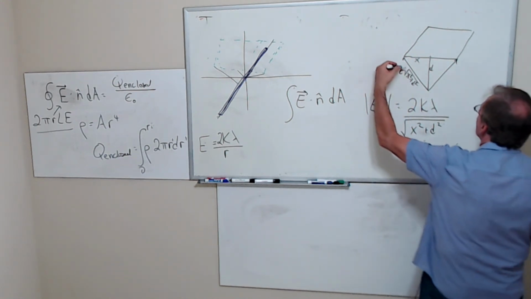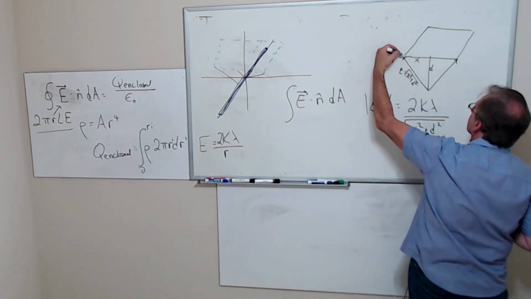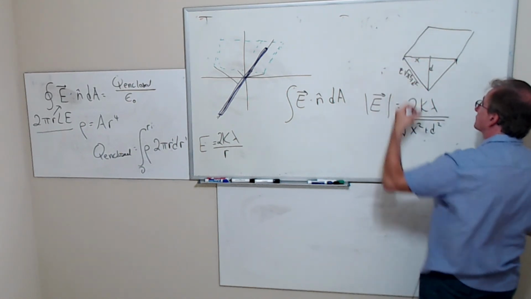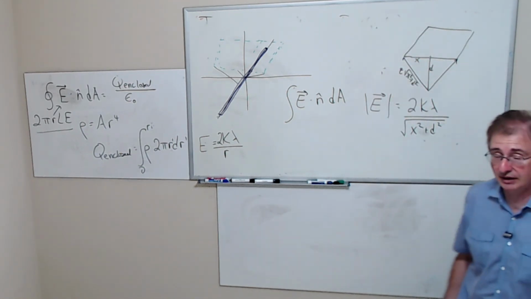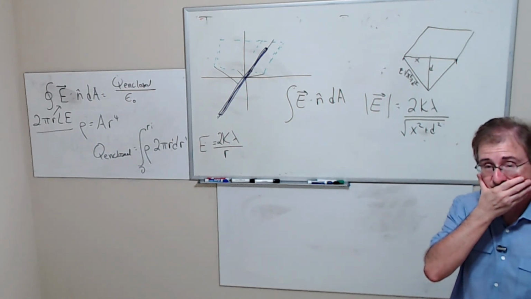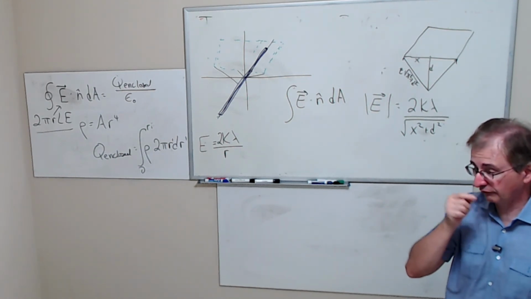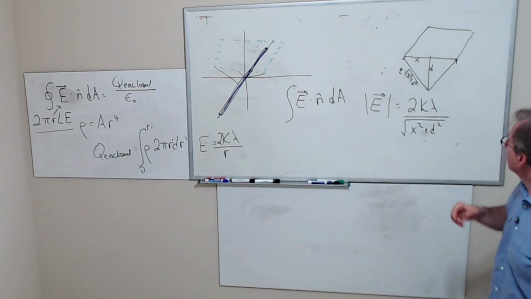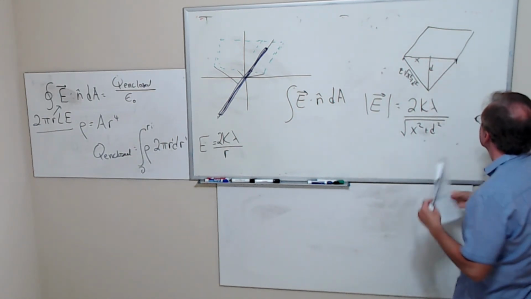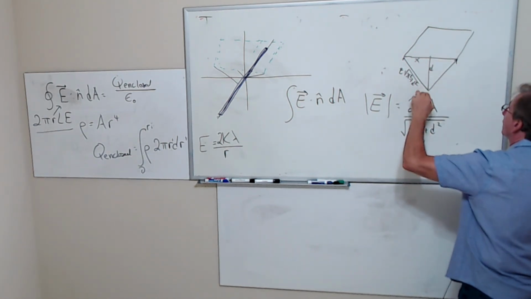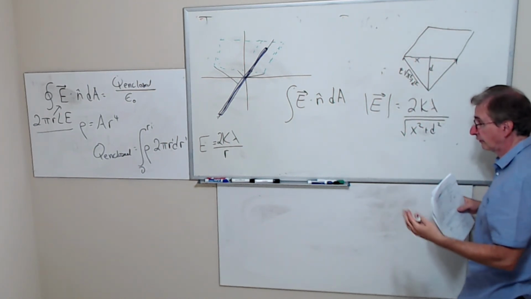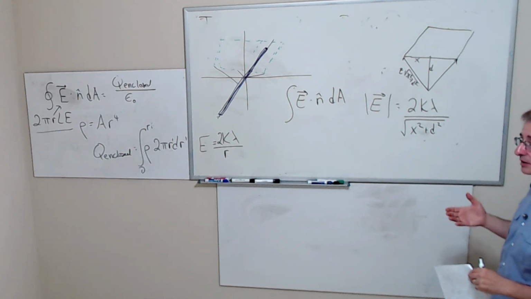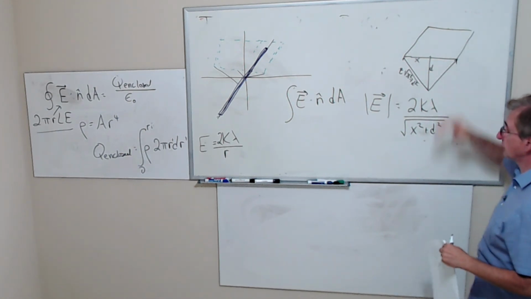And if I integrate in this direction, in the y direction, the field's going to have the same value because it's the distance from the rod, right? The field depends on the distance from the rod. So anywhere along the rod from this end of the plane to this end of the plane, the field will be independent of y if I choose to write it like that.